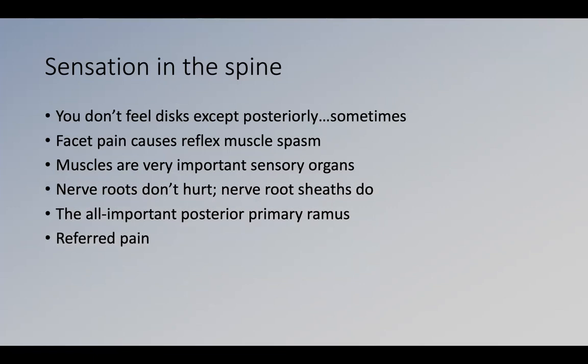Referred pain is something that I think you understand for other purposes. When you get a heart attack and it's in your left arm, but you know the heart isn't in the left arm. And this is super important because there are lots and lots of mechanical pain generators that sound like nerve problems, okay? So you can get a spasming muscle in the neck and it shoots down the arm.